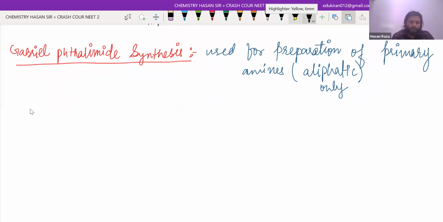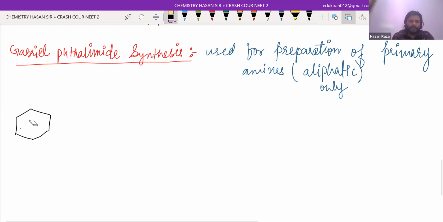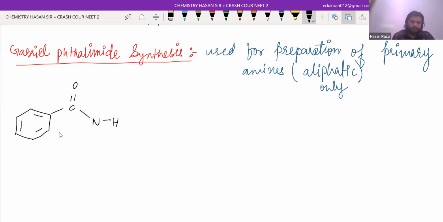So we are going to use phthalimide first. This is the structure of phthalimide. One of the questions that we covered in the last class, yesterday's class, you can see in the reaction phthalimide formed there. So this is your phthalimide.